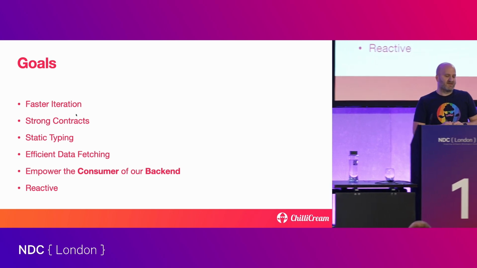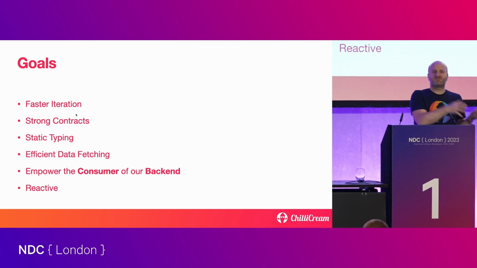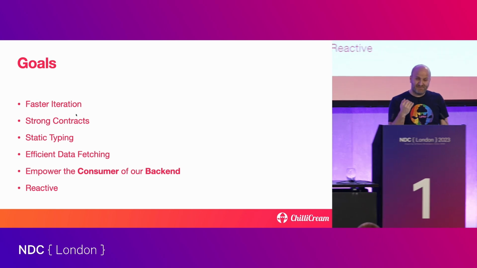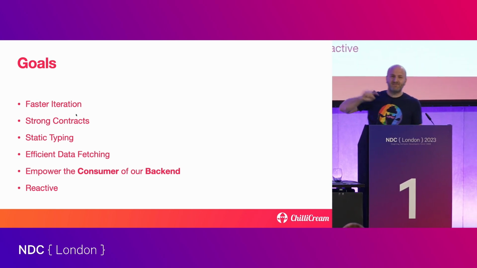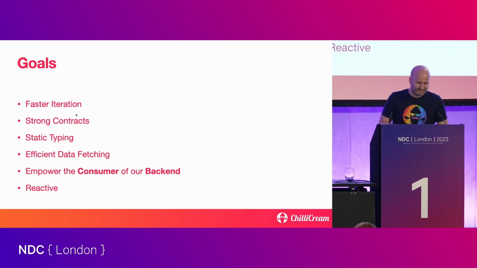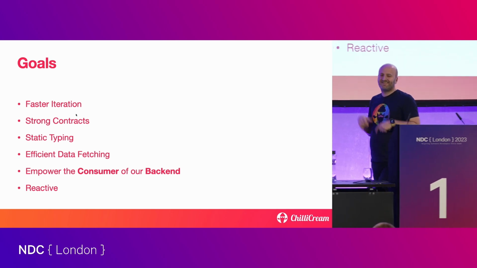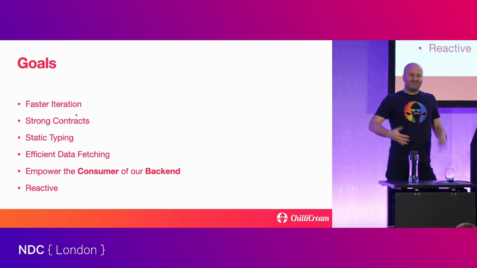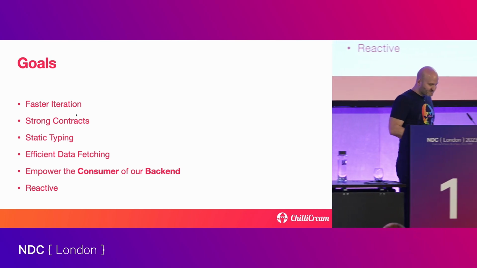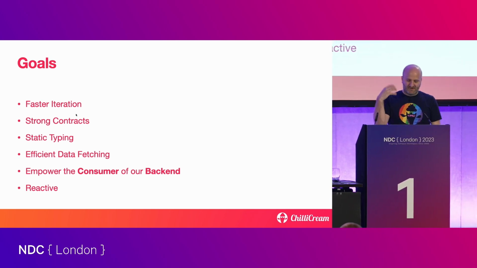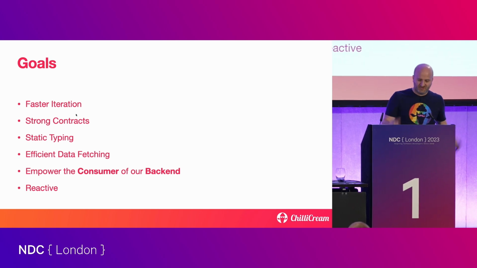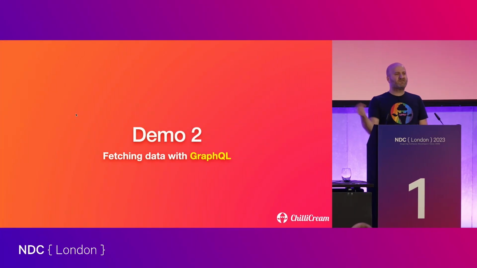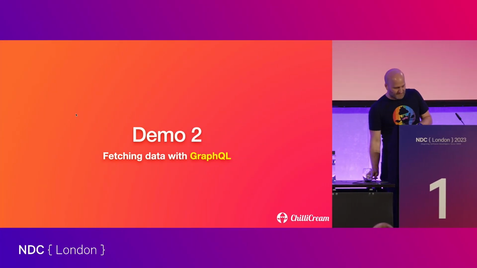We actually want to give them a tool to tell us what they need for their components without us backend engineers needing to redeploy our backend all the time. We want to have static typing and always the most efficient way to fetch the data. On top of that, our application should be reactive, like you saw. So let's have a look at how we could build the backend for the application I showed you.